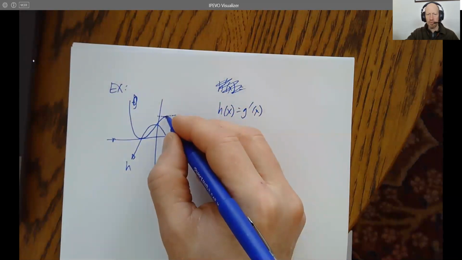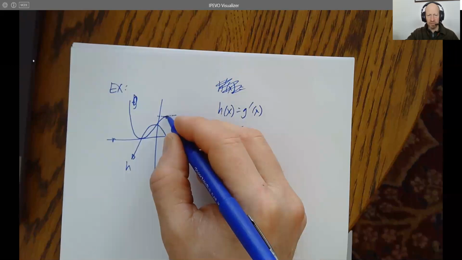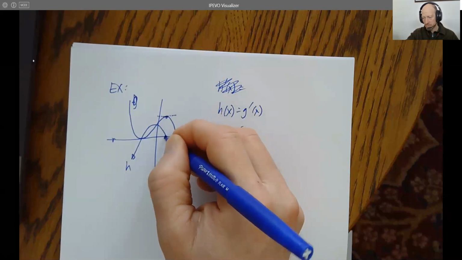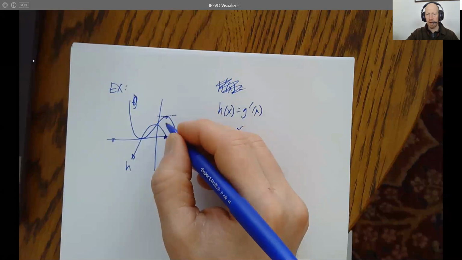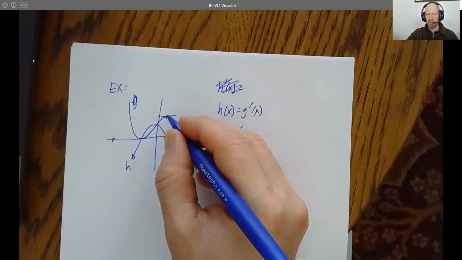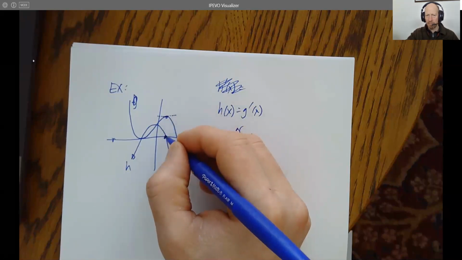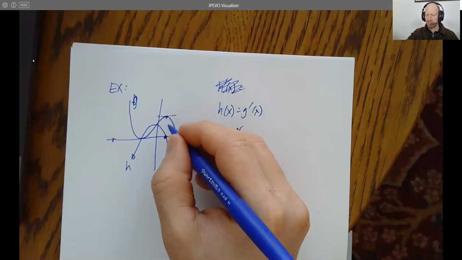And the slope of a horizontal line is 0. So its derivative should have what y value? 0, right? Because the derivative should be outputting the slope of my original function. So just from that one point, it looks like h is the derivative of g.